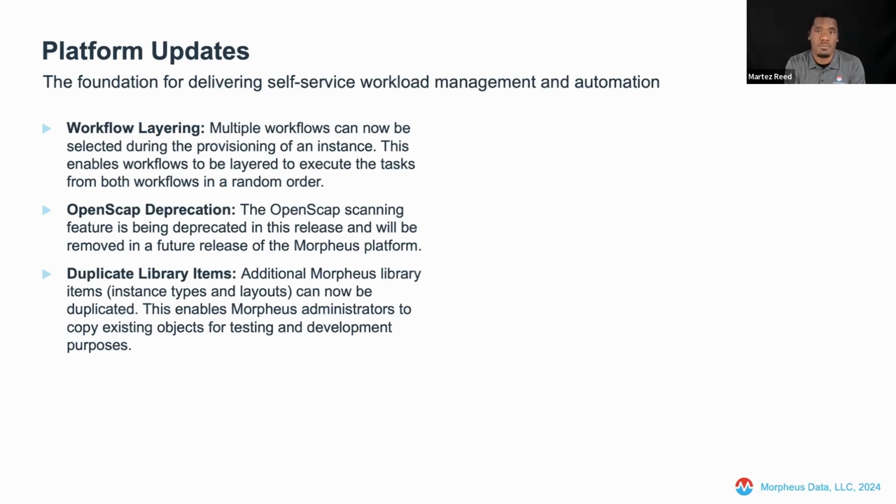So the Morpheus platform does have an existing integration with OpenSCAP for security scanning purposes. That is being deprecated in the 7.2 release of the Morpheus platform as we continue to evaluate functionality and capability within the platform, as well as the growing capability within the plugin architecture to better address various capabilities in a more flexible fashion.